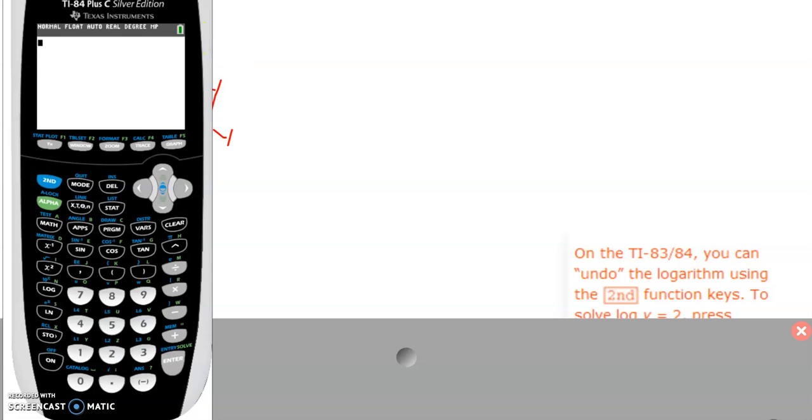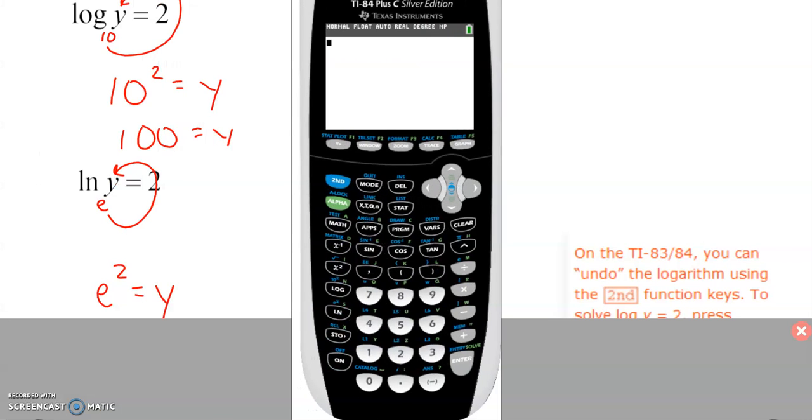You should also notice, though, on your calculator you have buttons for this. You have this log button right here, and you have the ln button right here. One thing I want you to notice is, to type 10 to the power of 2, you can see up above that log button there's a 10 to the power of x, so I can press second log to get 10 to the power of, and then I can type 2 to get 100.